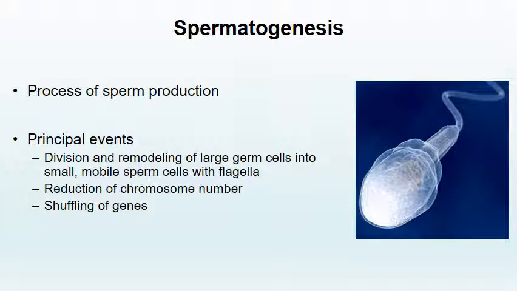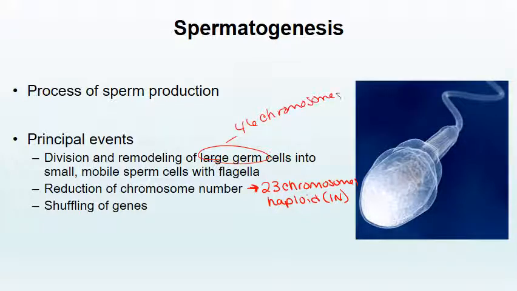A sperm is going to only have 23 chromosomes. We call them haploid cells because they are 1N, which means that they just have one copy of each chromosome. And so part of the process of sperm formation is going from a germ cell, which has 46 chromosomes and is diploid, or 2N, into this haploid 23 chromosome cell.